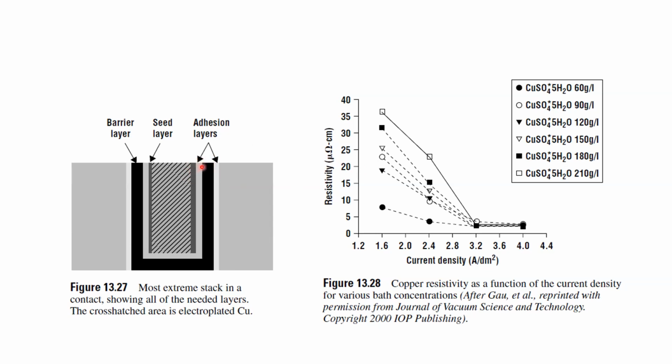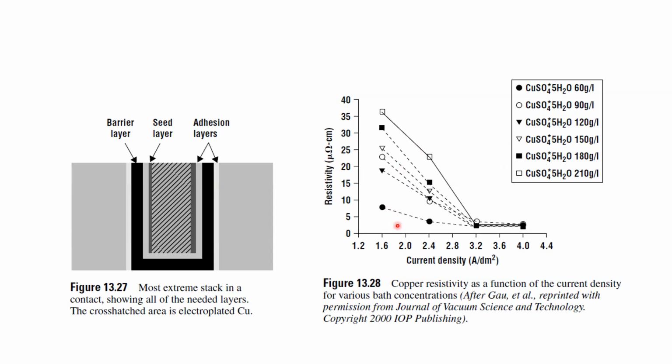So we have this adhesion layer between the barrier layer and the silicon dioxide, and also between the barrier layer and the copper seed layer. With all these four layers deposited, we can put it into the solution and deposit the copper plug using the electroplating method.